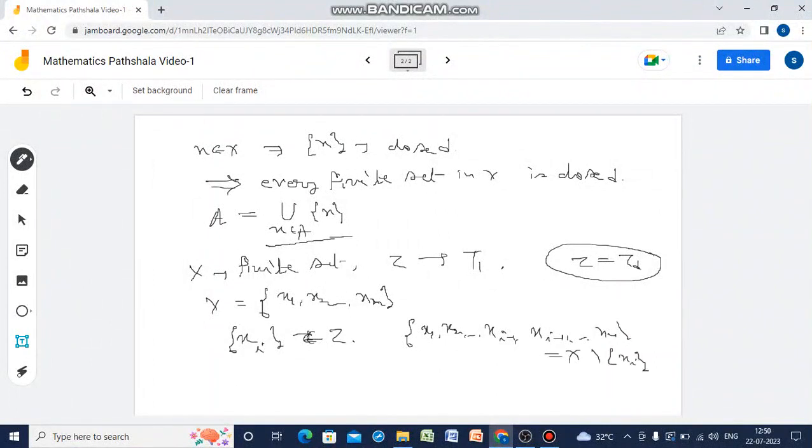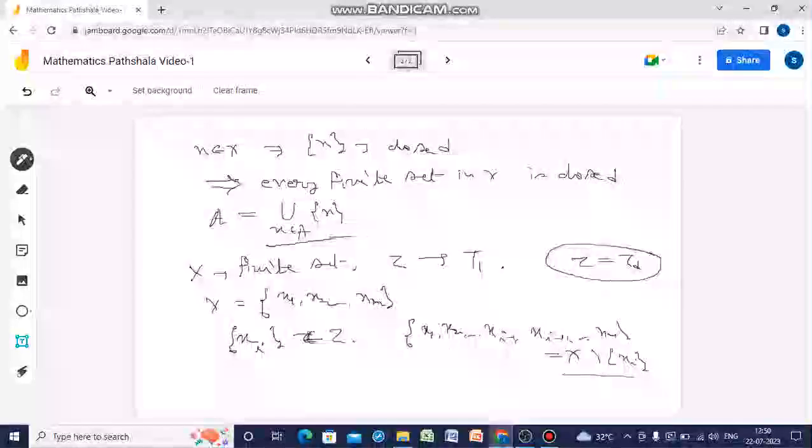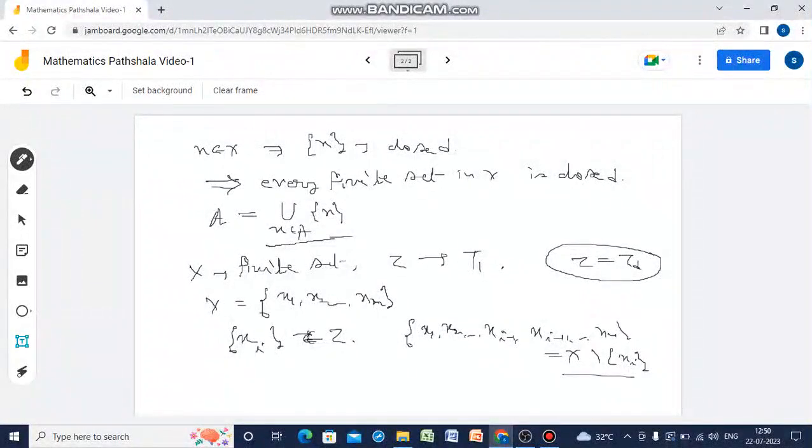So clearly this X minus singleton xi is a finite set because X is finite, and we have just proved that every finite set is closed. So this X minus singleton xi is closed and hence its complement, that means singleton xi, is open. So this belongs to tau.